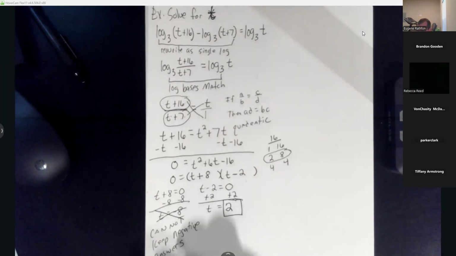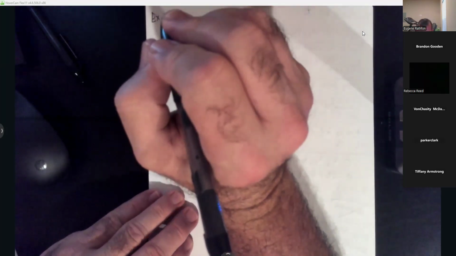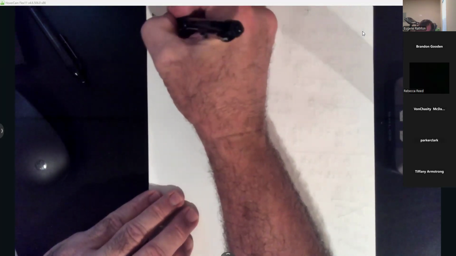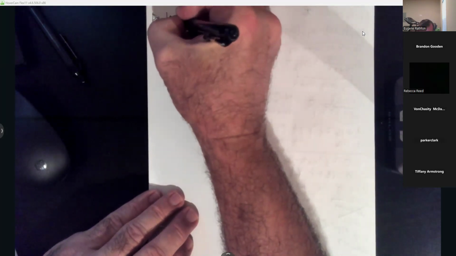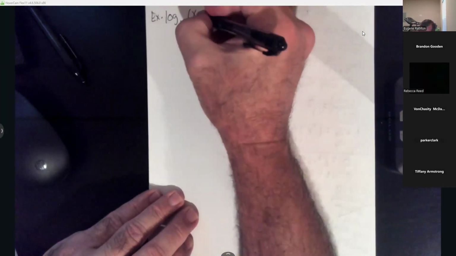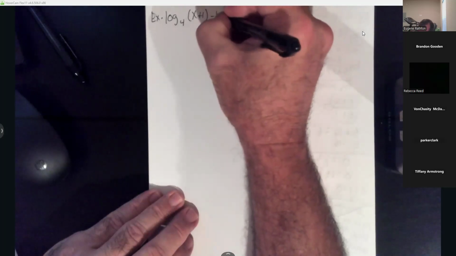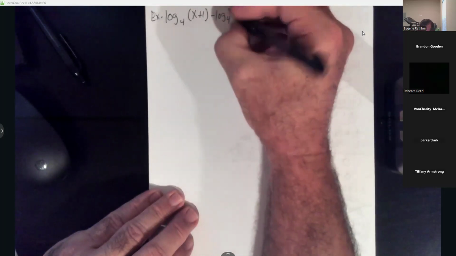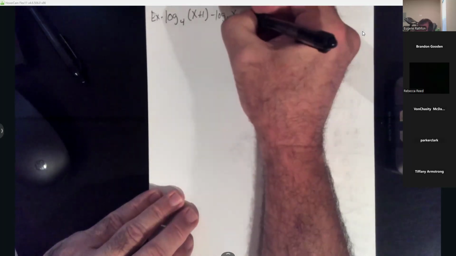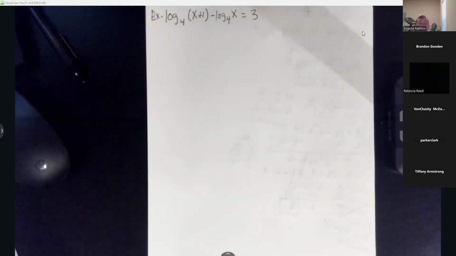All right, so let me try a couple more of these. All right, also this one, let's do one like this. A log base 4 of x plus 1 minus a log base 4 of x is going to equal a positive 3.